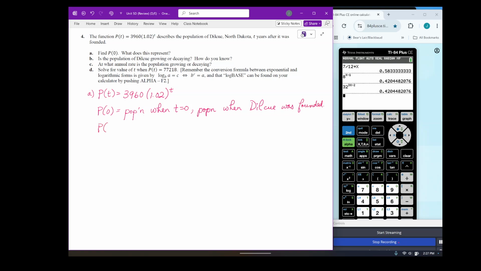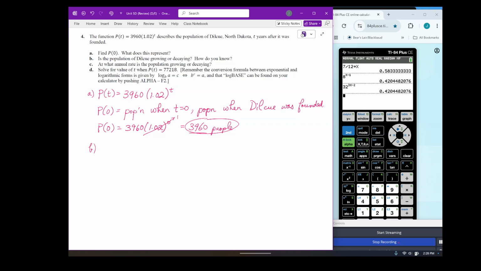And we can calculate it pretty easily because it's 3960 times 1.02 to the 0. And anything other than 0 to the 0 is 1. And so then this becomes 3960. So this is the number of people that were originally in the town when it was first founded.